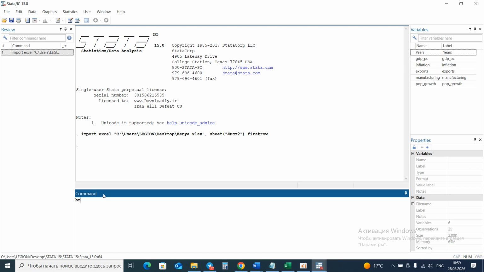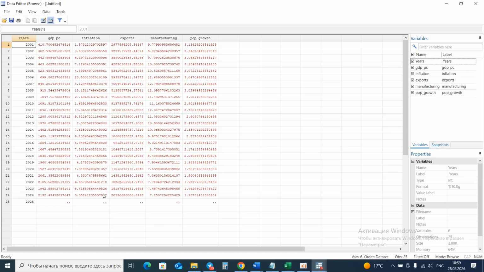So the first command that we're gonna give is browse. That will help us to check whether all our data and variables have been converted to Stata. As you can see, yes, these are years, GDP per capita, inflation, exports, manufacturing, population growth, and all 25 years. But as you can see, we have two problems here.